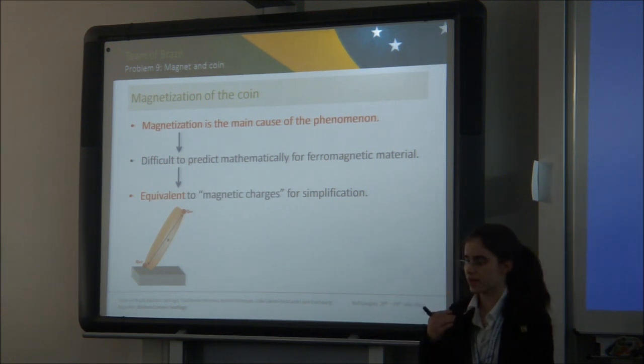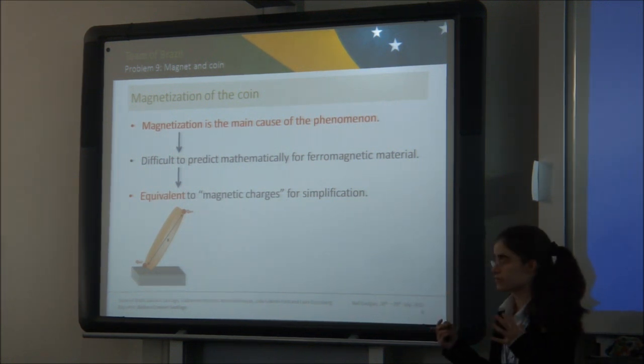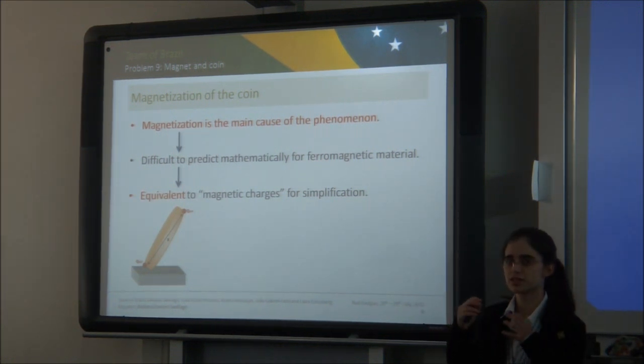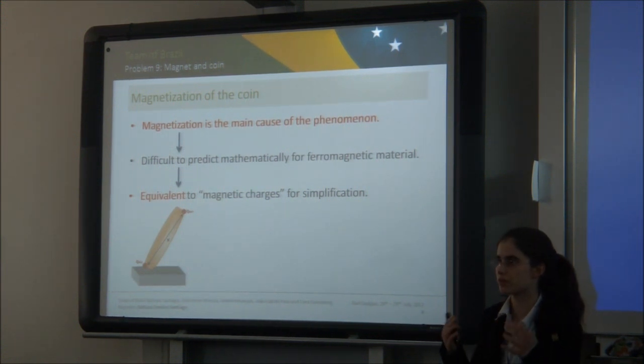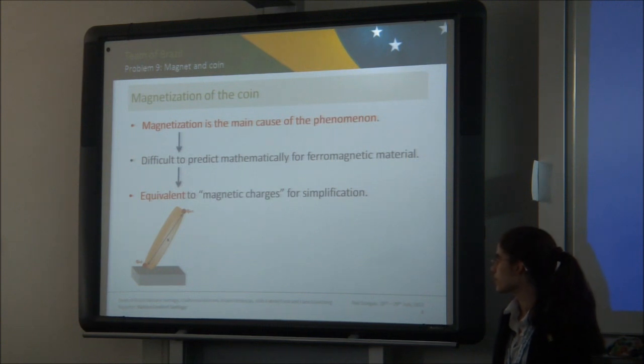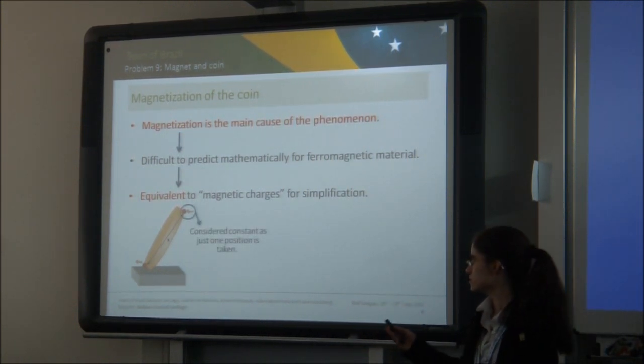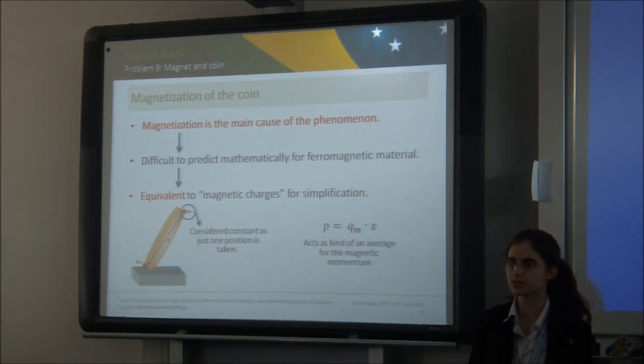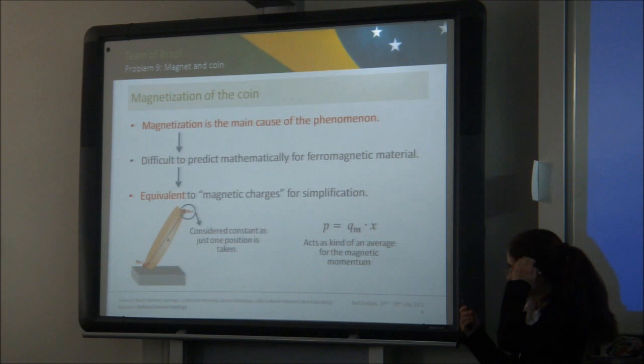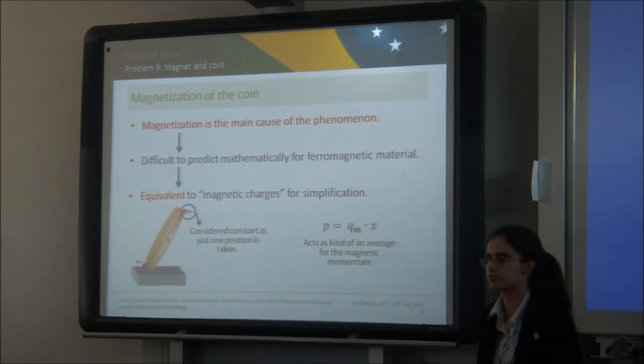Then we made an approximation to equivalent magnetic charges, to make some sort of average for our mathematical model, and then we are going to compare to our experimental data. So we consider this magnetic charge with some sort of momentum in an analogy with an electrical field, but actually it's just some sort of average of the magnetization.